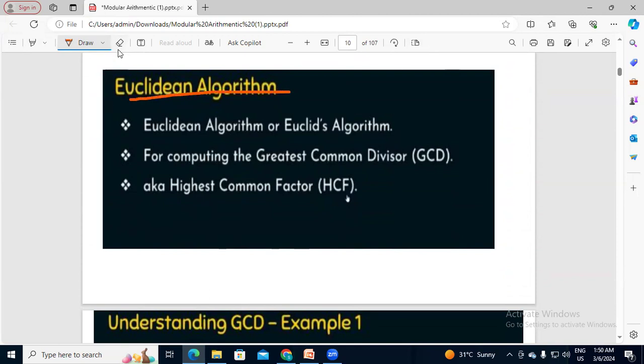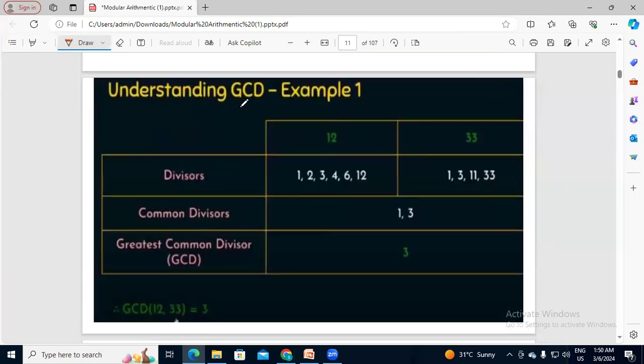Euclid's algorithm: we know that many times we have computed the GCD, greatest common divisor, or HCF of numbers. How do you do that with the traditional method?